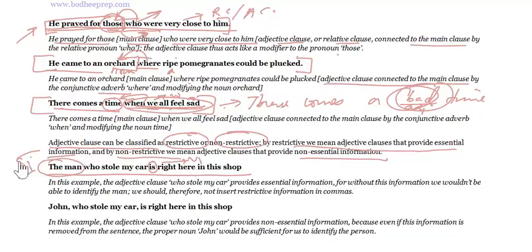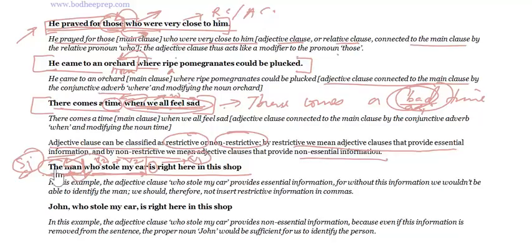Then "who stole my car" becomes the adjective clause modifying the man. Why clause? Because it has the verb stole, V2, and a subject, S2, referring to the man. But why haven't we put the comma?